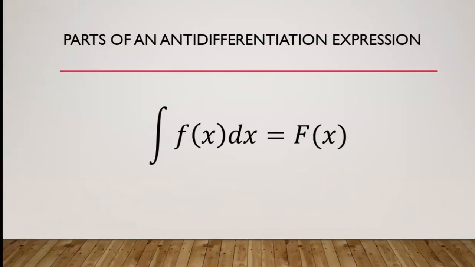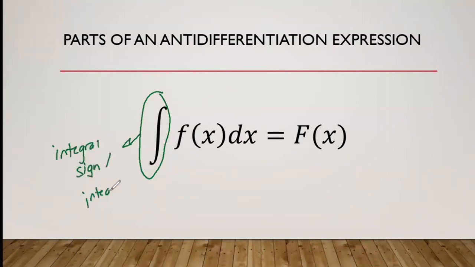Proceed with the discussion on anti-differentiation with the parts of an anti-differentiation expression. So this is how they would look like. So this here, the stylized S, is what we call the integral sign, or also known as the integration symbol.